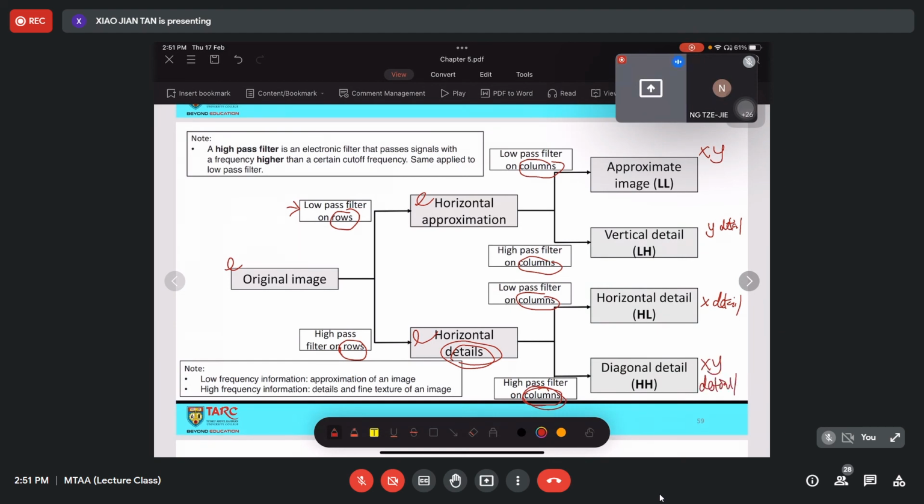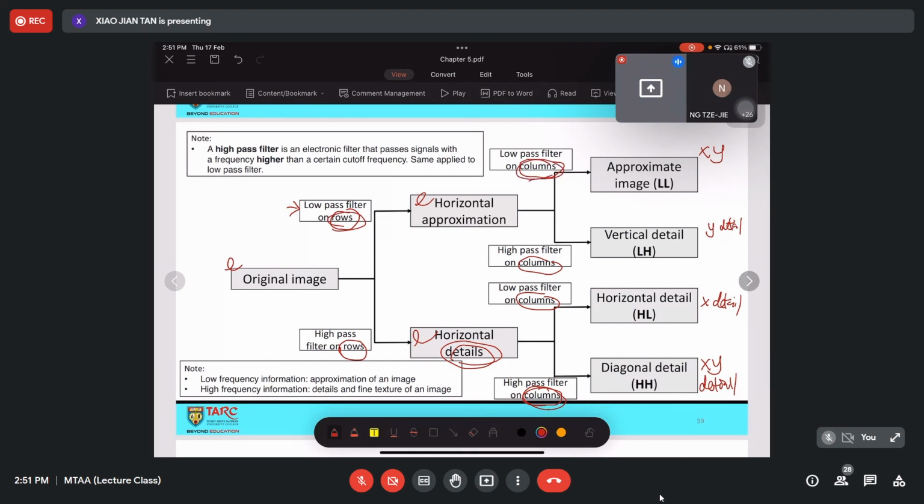So this is described by the LL, LH, HL, and HH. When you put LH and HL as different things, it means you apply the filter on row and column differently. So don't simply guess LH or LL, because LH and HL are different things. The first layer we apply on row first, and the second layer we apply on the column.